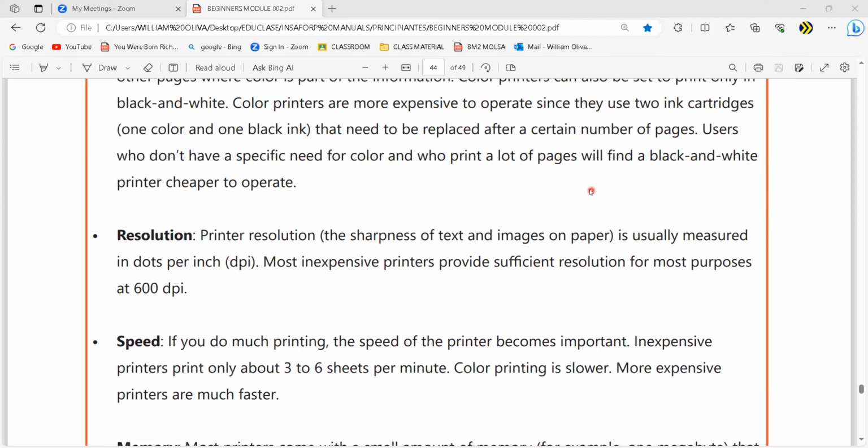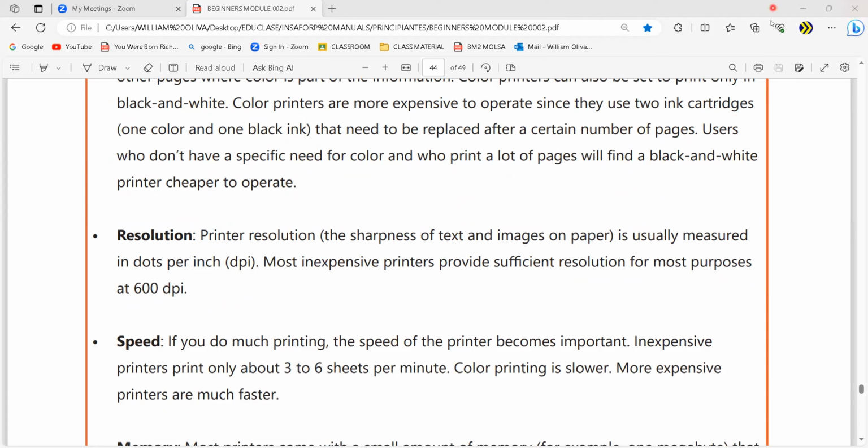Let's move to the next paragraph. William, can you read resolution? Resolution.